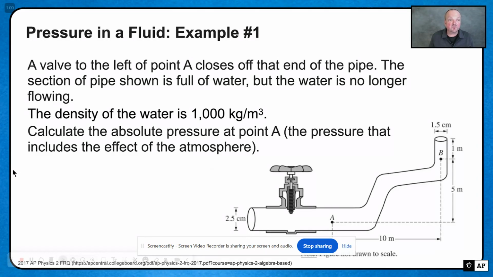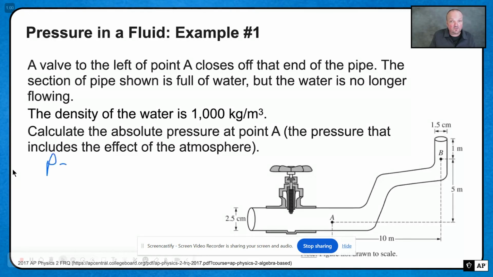They're interested in calculating the absolute pressure at point A. Remember, absolute pressure is the pressure that includes the effect of the atmosphere. You'll notice that the vertical position at point A, how deep underwater it is, is a total of 6 meters. The width of the pipe and the horizontal position is not important for us to know. All we need to know is the depth, which is 6 total meters.